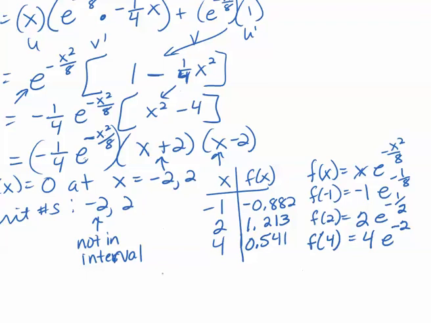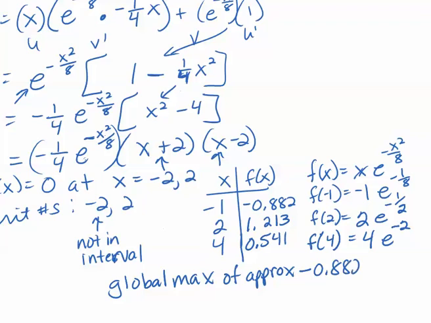So we should clarify our final answer here. I used up a lot of space here. Global max of approximately, if you wish, negative 0.882 at x equals negative 1. And a global, whoops, sorry, I wrote max, but I picked the minimum.